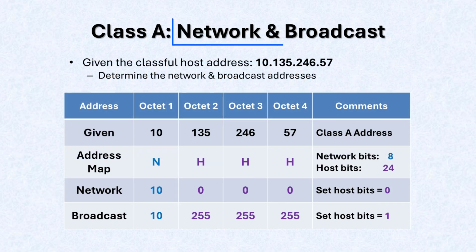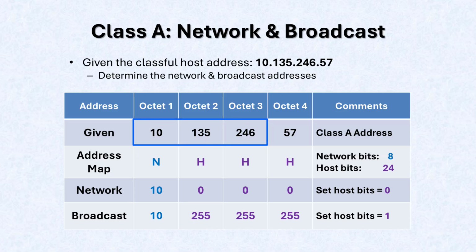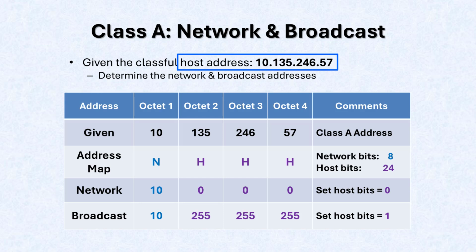Let's examine how to determine the network and broadcast addresses in a classful scheme. Given the classful host address 10.135.246.57, we will determine the network and broadcast addresses. The term host address means it is an assignable or usable address.